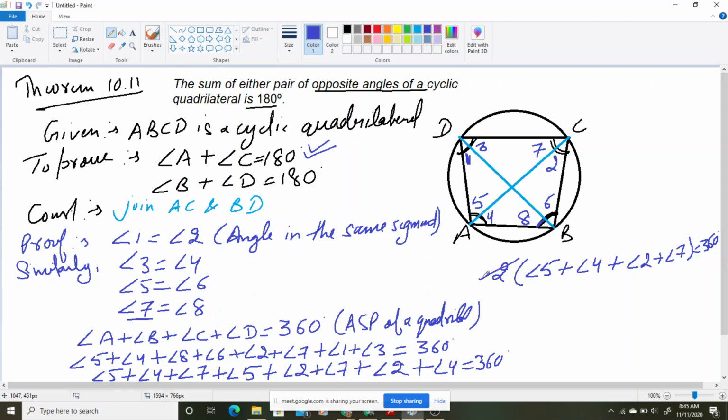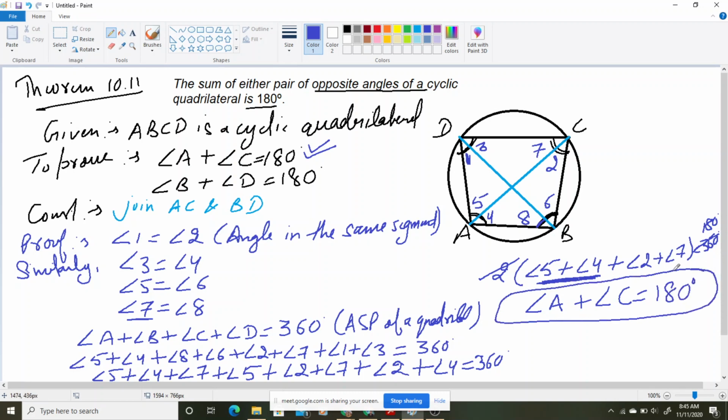Okay, now this 2 will cancel with 360, so it will be 180. So the combination of angle 5 and 4 is which angle? It is angle A. Then the combination of angle 2 and 7 is which one? It is angle C, and it will be equal to 180. So you can see this is the thing we have to prove. Angle A plus angle C is 180.